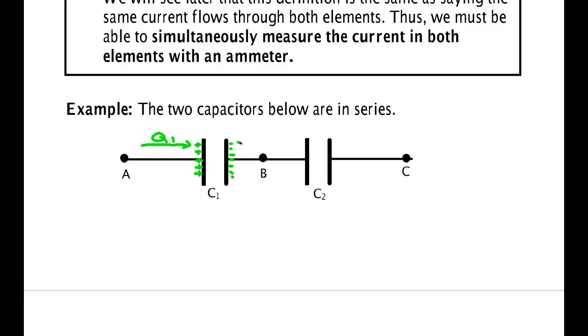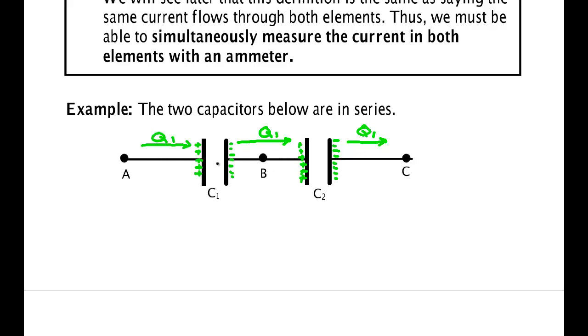It does this by forcing away a charge Q1 out of the negative plate, which then goes to the next element, which then likewise pulls over a negative charge, forcing charge Q1 to leave that plate.